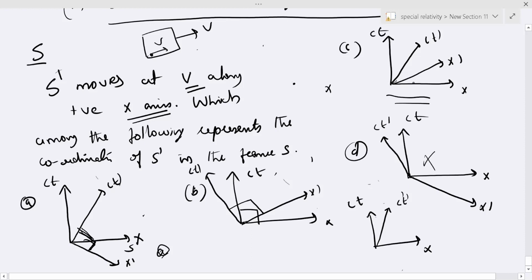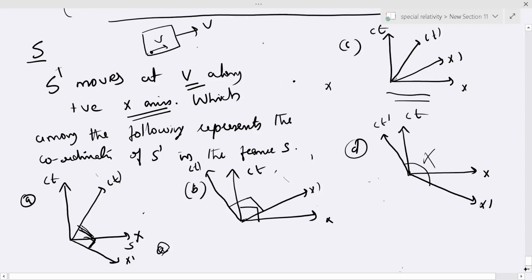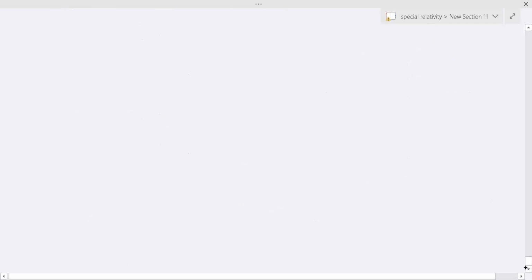These are at 90 degrees, but this does not seem to be 90 degrees. But the mistake that you make here is that you are thinking about orthogonality in the Euclidean sense. We are talking about a different kind of geometry where orthogonal does not look the same. These are orthogonal in a Lorentzian sense, not in a Euclidean sense.